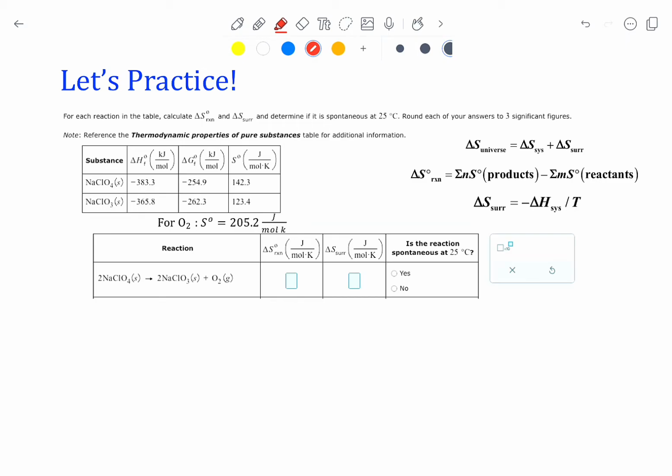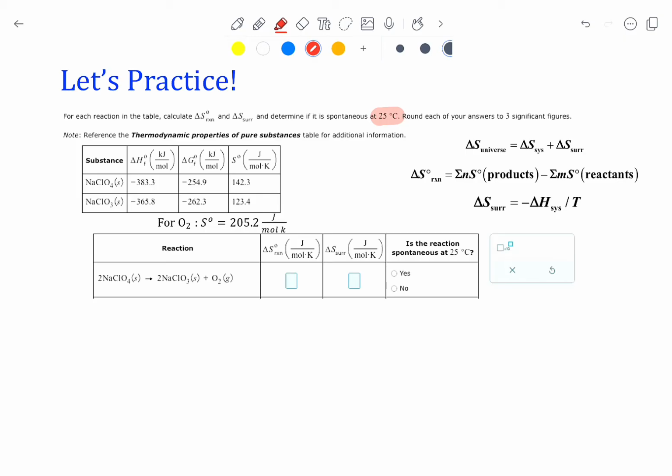For the reaction in the table, we want to calculate delta S of the reaction and delta S of the surroundings, and then determine if this reaction is spontaneous at 25 degrees Celsius. So there's our temperature. Let's highlight that while we read it. So we're given some thermodynamic properties in our table here.